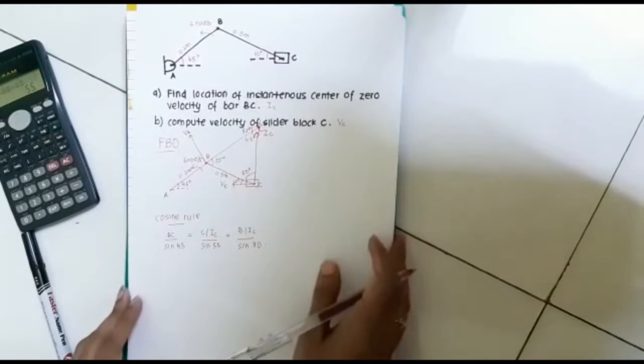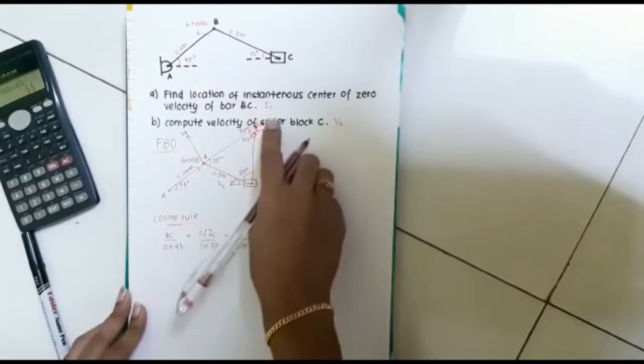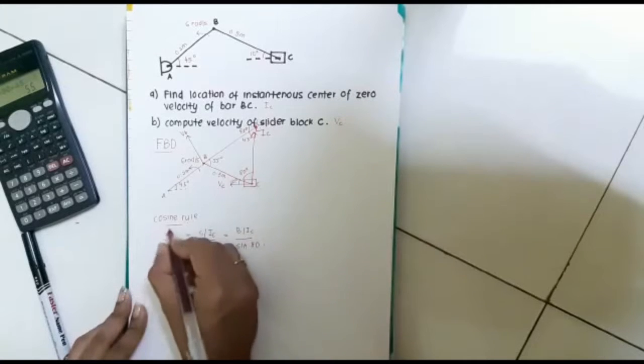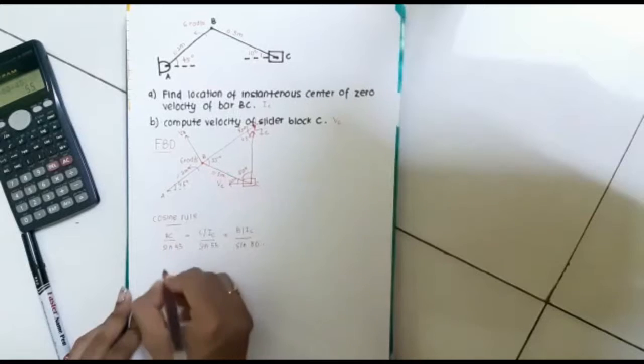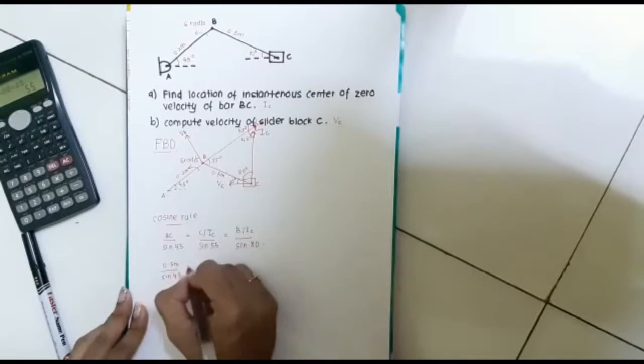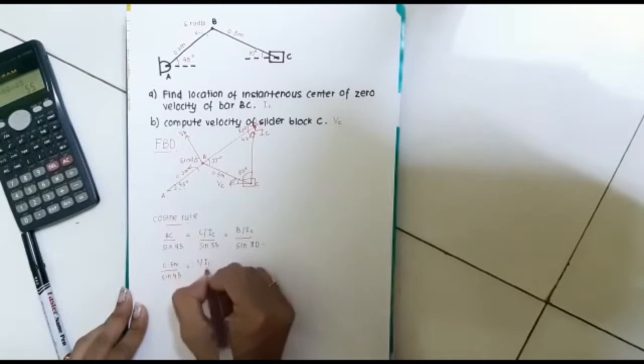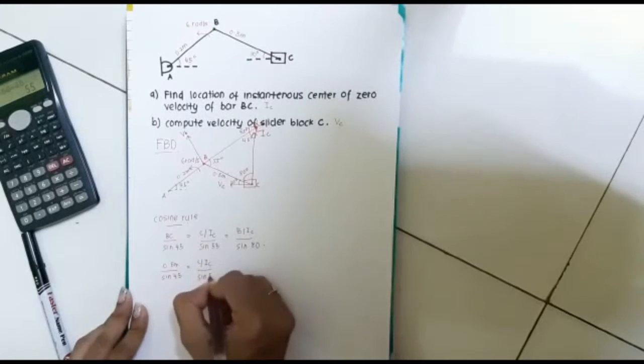Okay, now to find the length from C to IC, we have the length of BC, which is 0.5 meter. So 0.5 meter over sine 45 equals to CIC over sine 55.